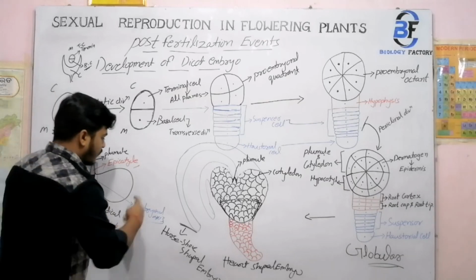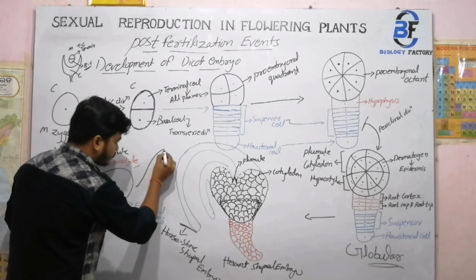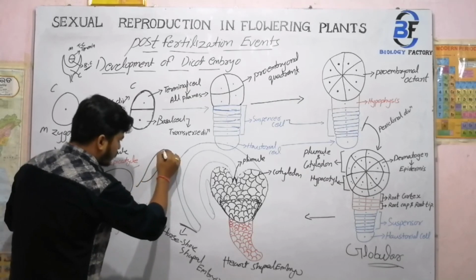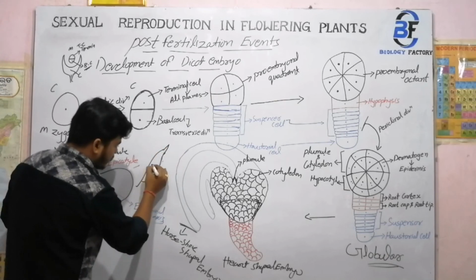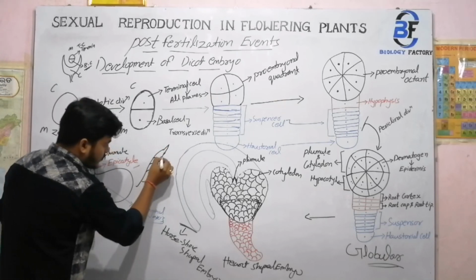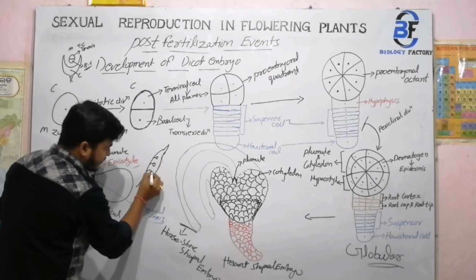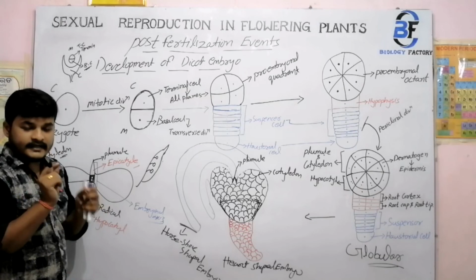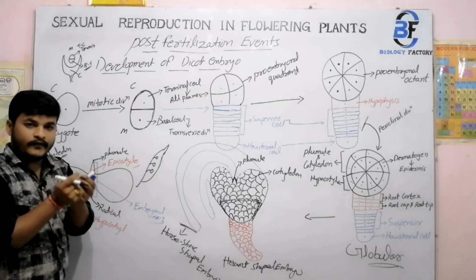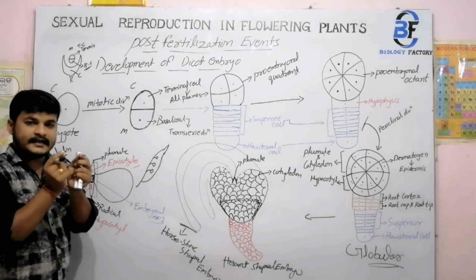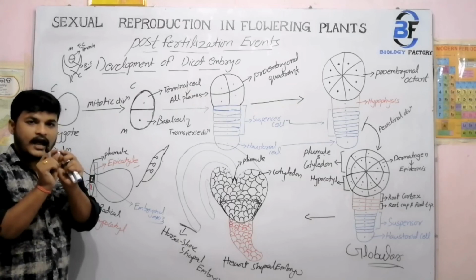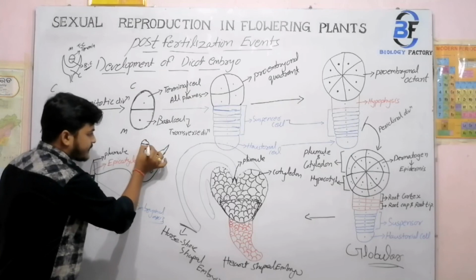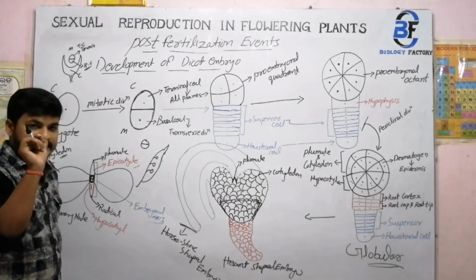And if we take a common example, we take the example of the pea. If we roughly draw a pea pod, here the peas are attached, and if we take one pea seed and open it, two half circle-like structures are seen, and these are attached at a white tiny part.